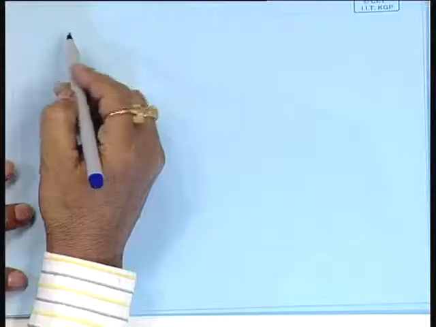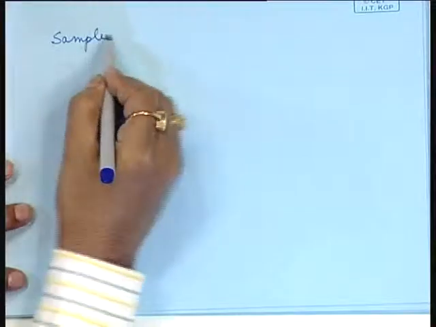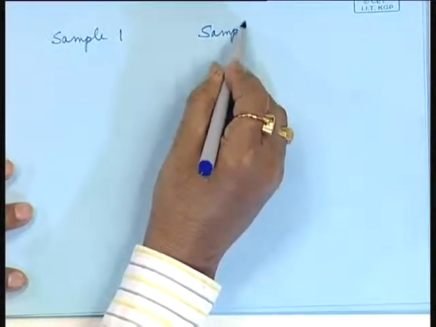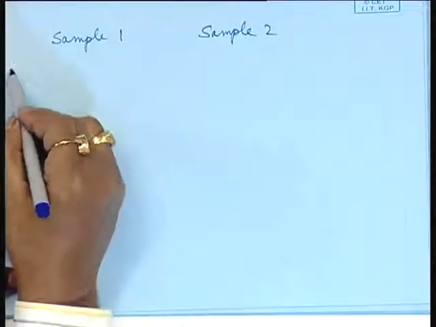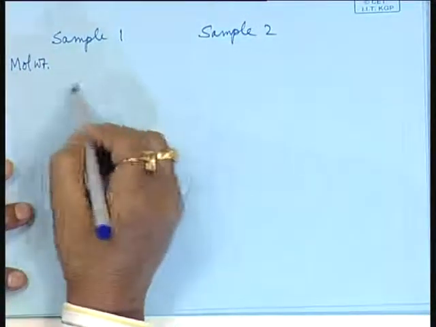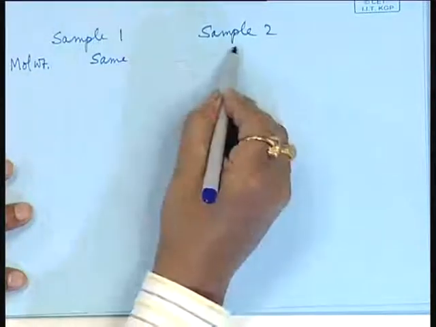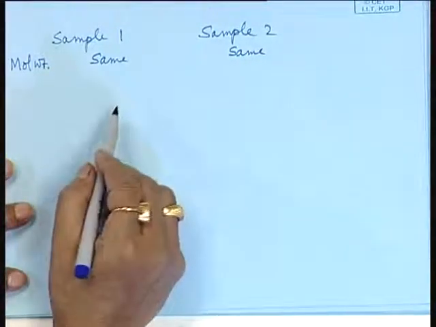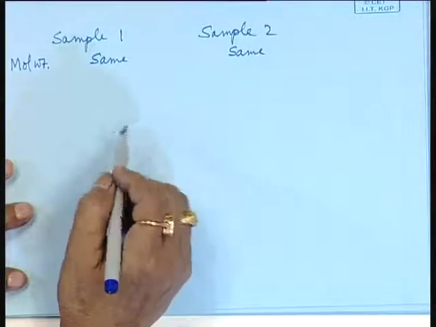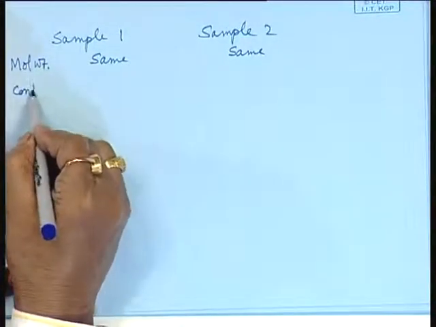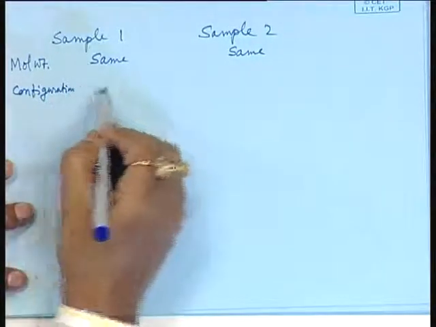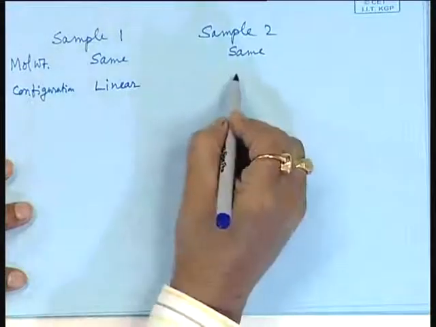Suppose you are given two samples of a polymer having the same molecular weight, say 5 lakhs each, for example, but one is linear, another is branched.